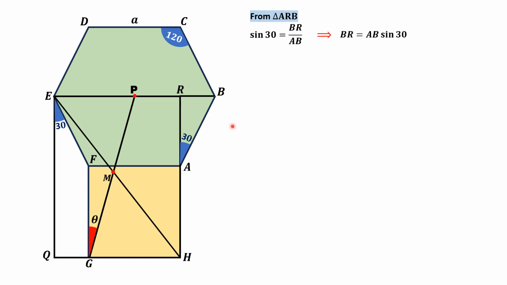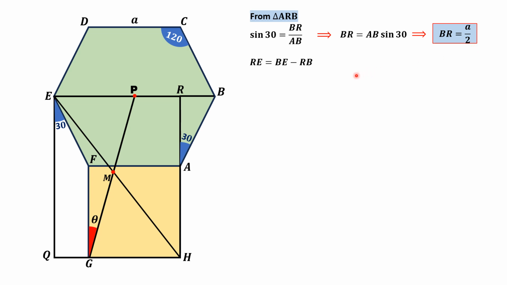AB is the side of the polygon. From here BR can be found as AB sine 30 degrees. So AB length is equal to lowercase a and sine 30 is equal to 1 by 2, thus BR is equal to a by 2.